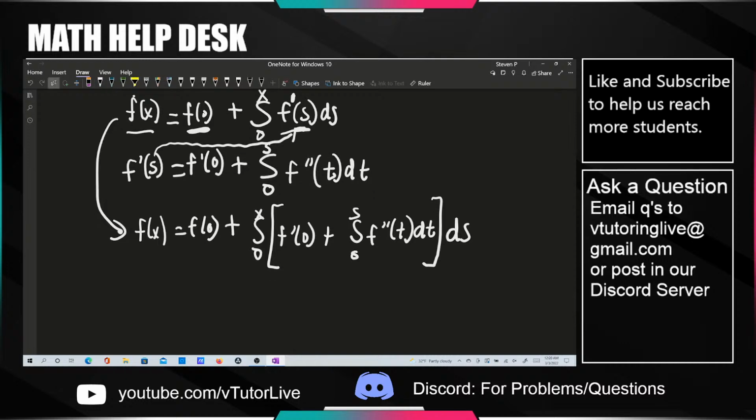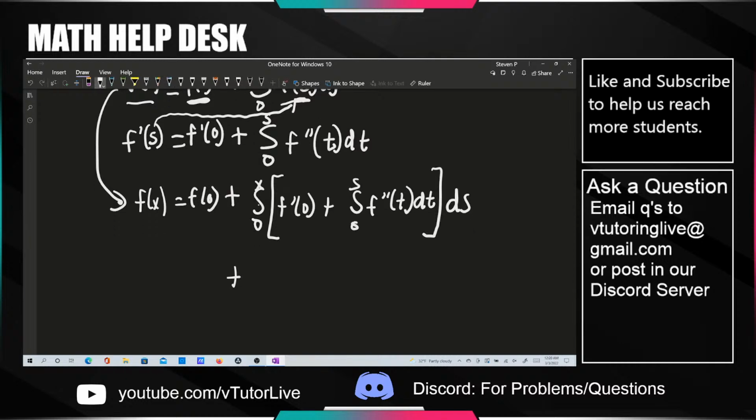So what we can do now is essentially distribute this integral across the addition. And we could do that because, again, the integral is a linear operator. The integral of a sum is the sum of the integrals. So what we get here is the integral from 0 to x of f prime of 0 ds, plus the integral from 0 to x of the integral from 0 to s of f double prime of t dt ds.